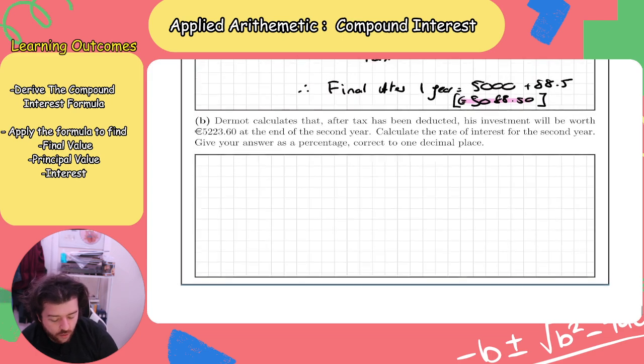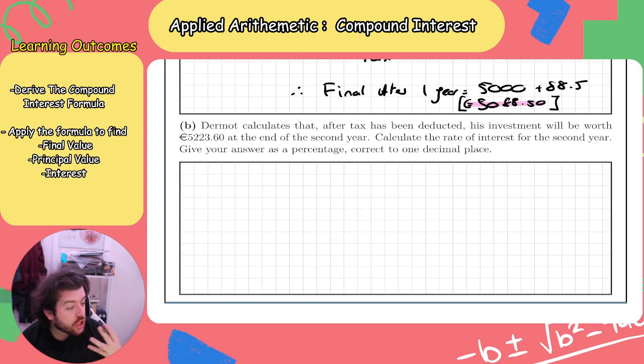Yeah? So let's have a look at how much interest has been earned here. My principal amount here is €5,088.50. So this is what he started with, right?